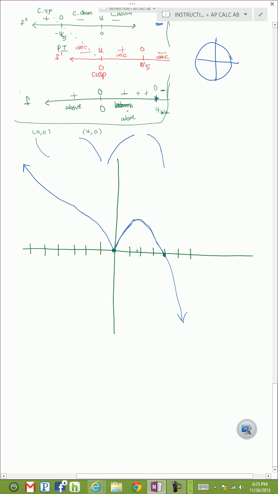So my point of concavity changing has to be about here. I'm concave down here, but here I have to be concave up. So let me actually change that a little bit. So there's a point of concavity right here, but what you'll notice is it didn't affect my first derivative. I'm still decreasing till I get to the point here, then I bounce up and come around.